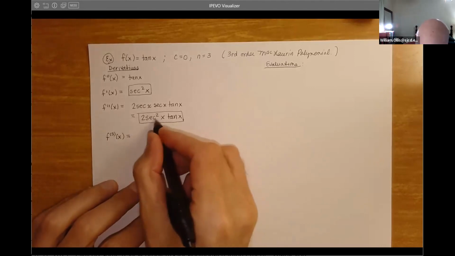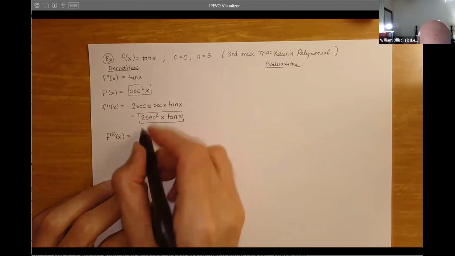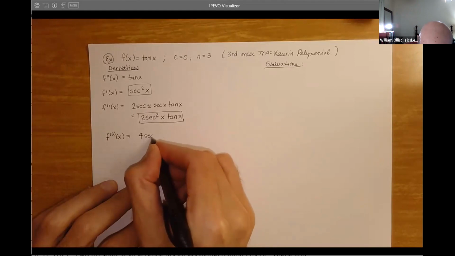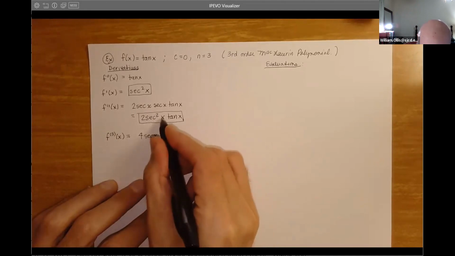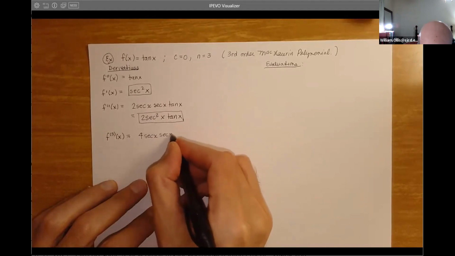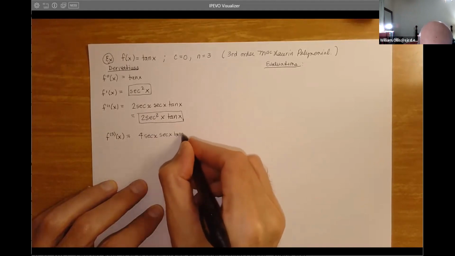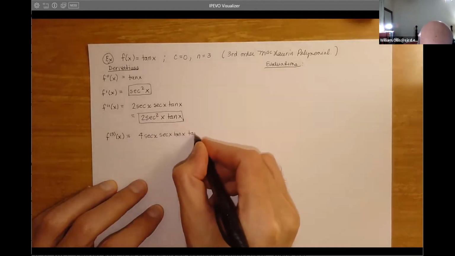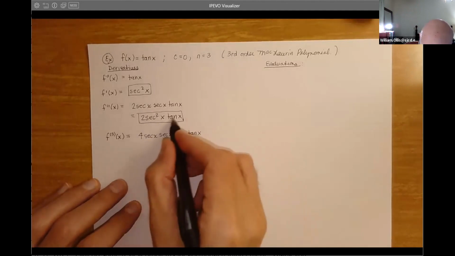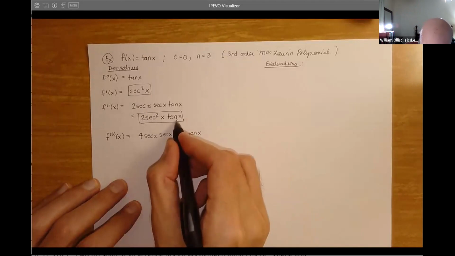So we'll bring the 2 down here with the chain rule for the first factor. So this will be a 4 secant x to the first power, and then multiply by secant tangent, and then of course the tangent that's already there. And then we'll focus on taking the derivative of the second factor.